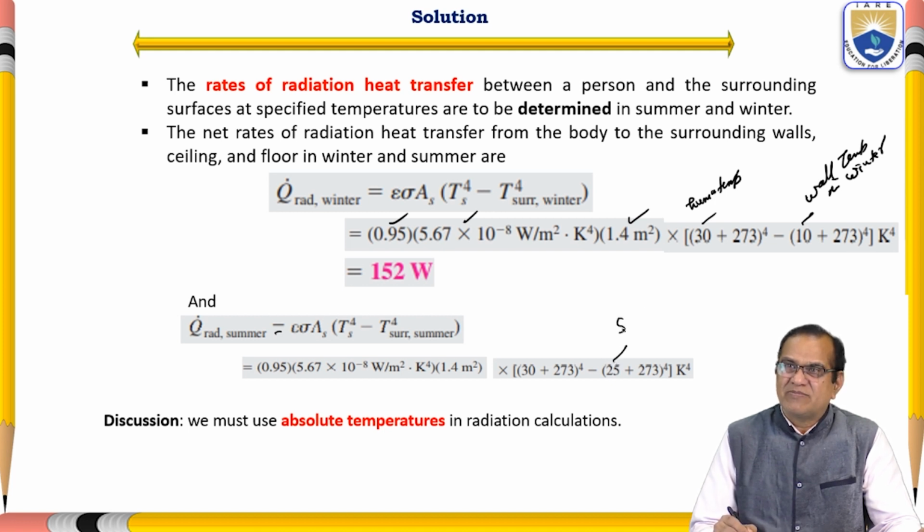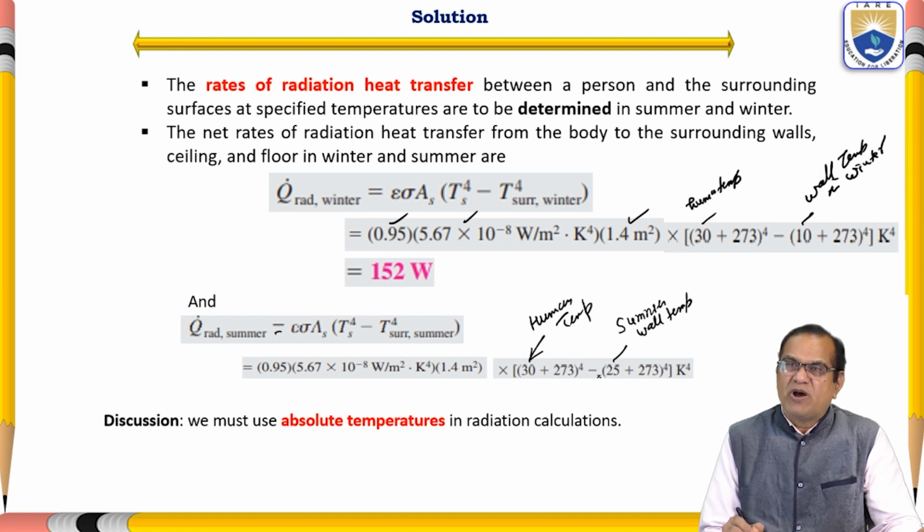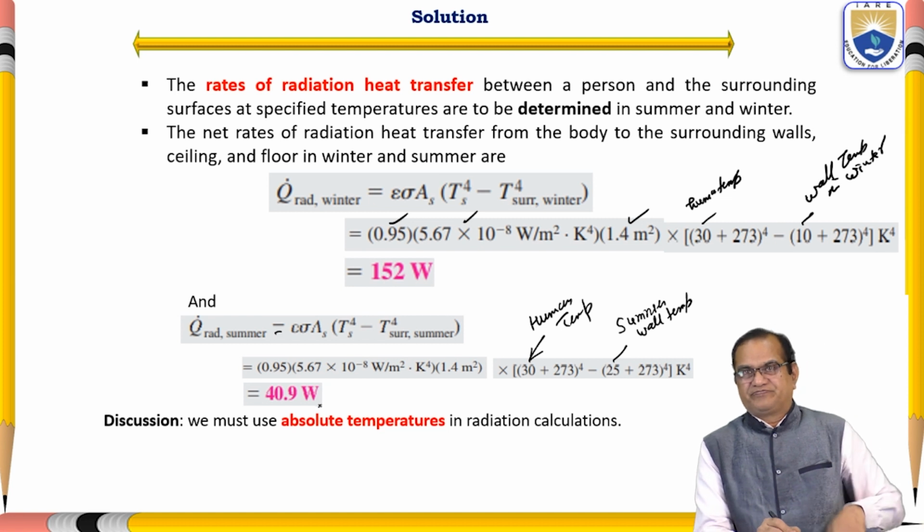This is the summer wall temperature, and this is the human temperature. So the human will radiate from 30 degrees centigrade to 25. We have to take it in kelvin, so (30 plus 273) to the power 4 minus (25 plus 273) to the power 4. So you will get the answer as 40.9 watt.